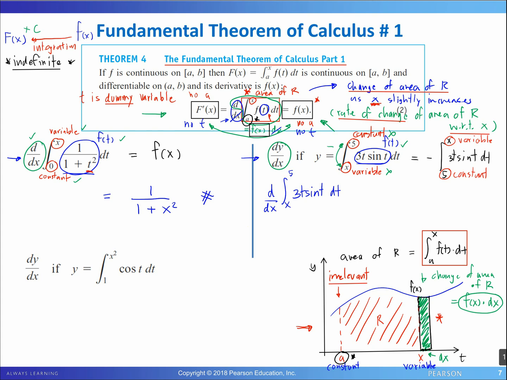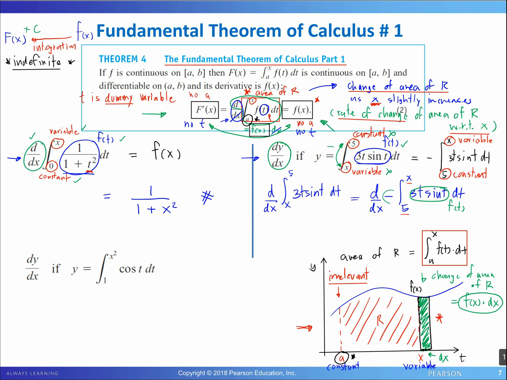So this is going to be equal to d by dx of minus the integral from 5 to x of 3t sine t dt. So this one is f of t. And once again we have a constant down here for this integral and a variable up here for the endpoint, same as the formula.